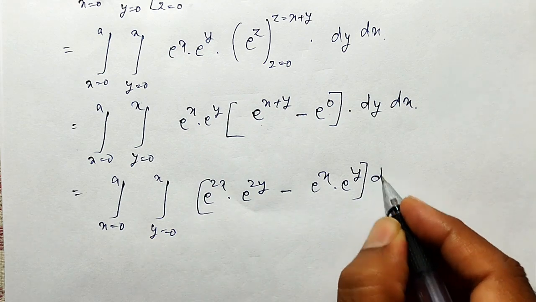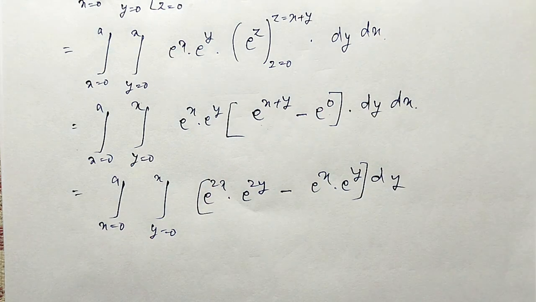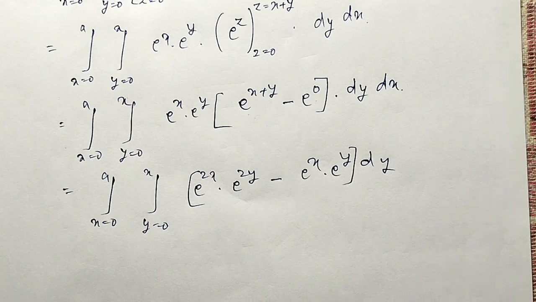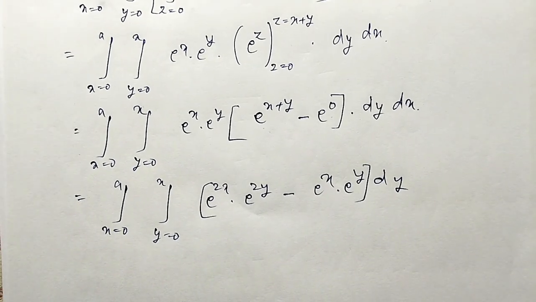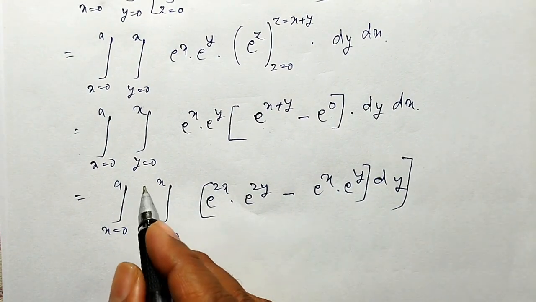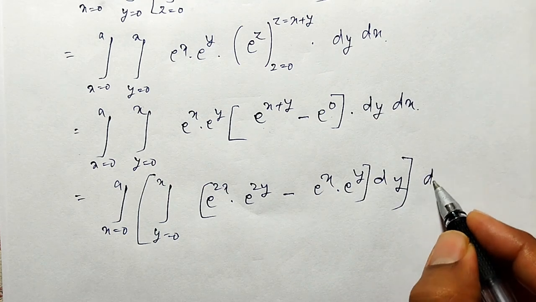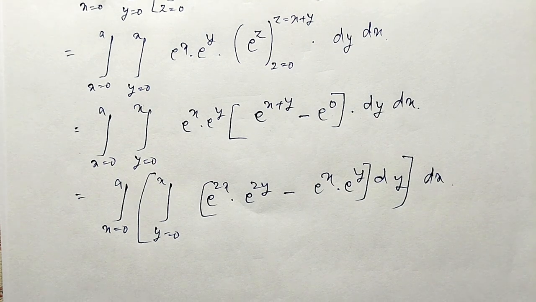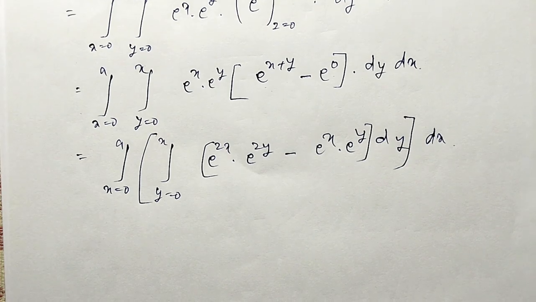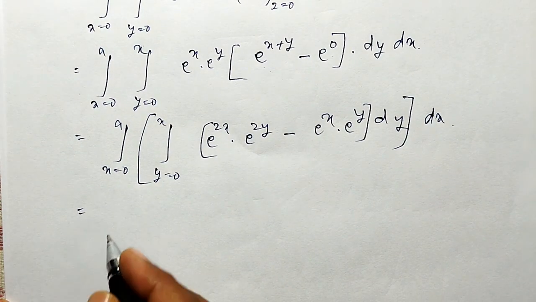This is to be integrated with respect to y now. Okay, now to integrate this with respect to y, I will put the bracket for this one and then dx I will write. Now integrate this one with respect to y.